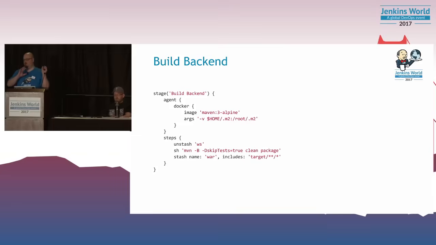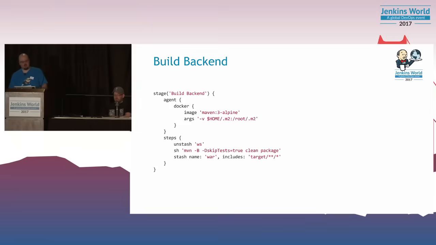We don't want to make snowflake slaves, or agents. They changed name in Jenkins too. There are tools that we can use, and you can use tool installers to install, but that will pollute the agents themselves. So by just having agents that can run Docker, then we can use Docker images to create running containers that have the tools that we want to use. So that's why we're doing it here.